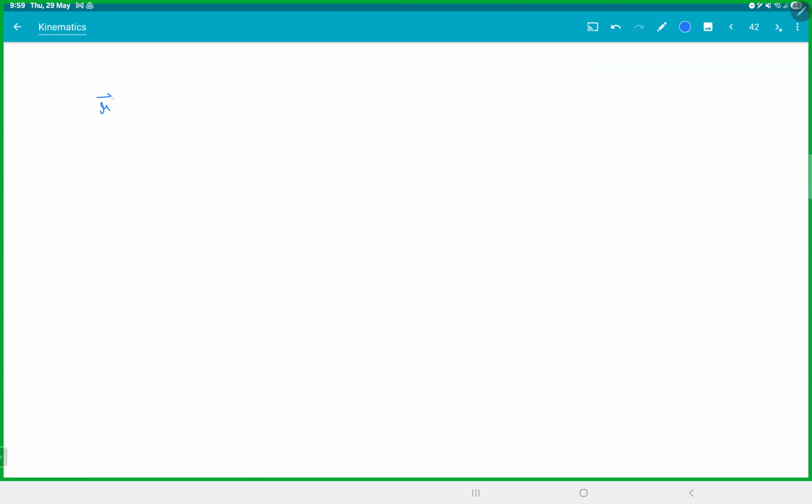So we know r bar is ut i cap plus L j cap. So mod r bar is root over u square t square plus L square. So when I differentiate this, this is d by dt of u square t square plus L square whole power half. Chain rule, everyone.